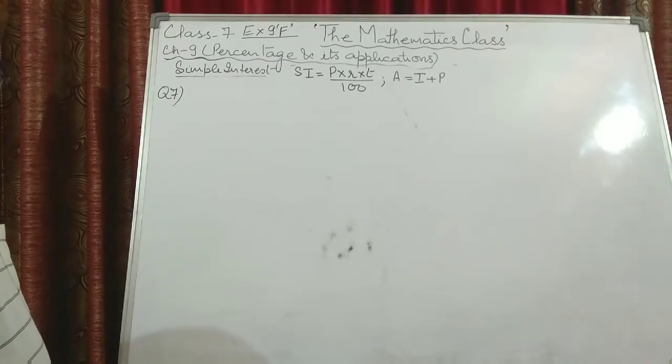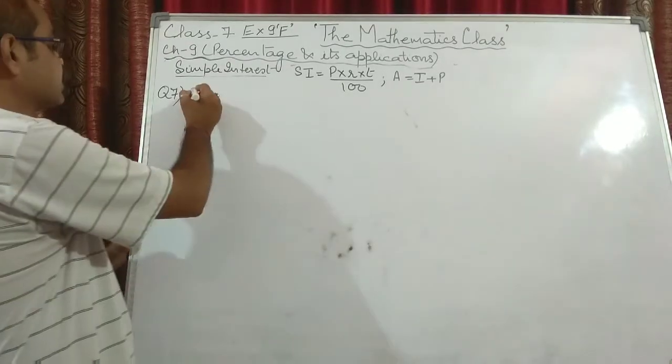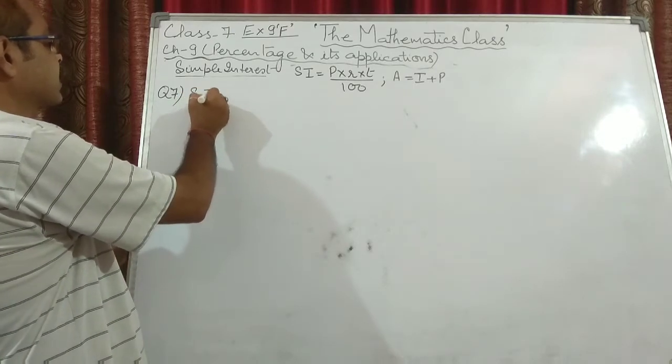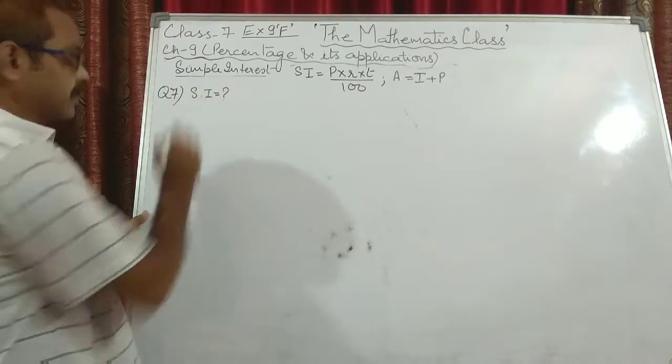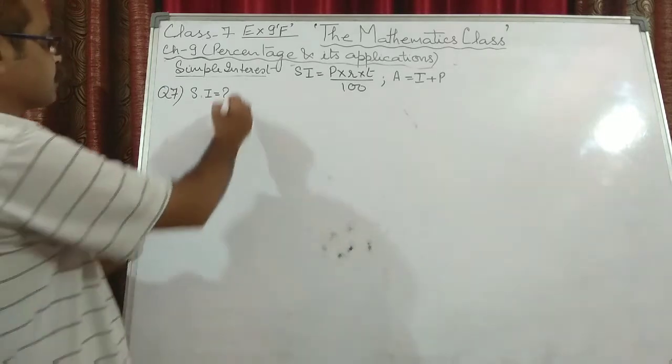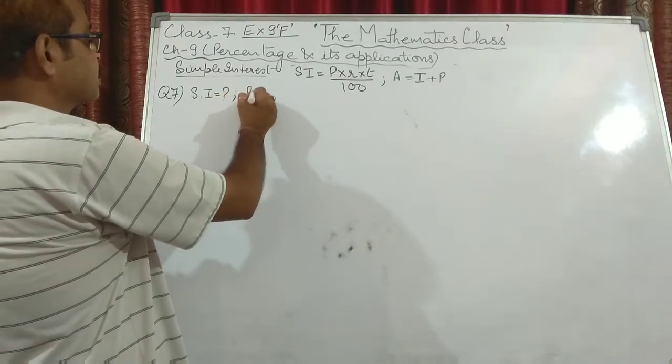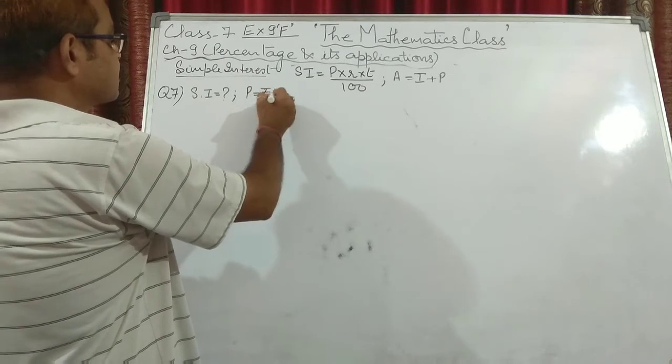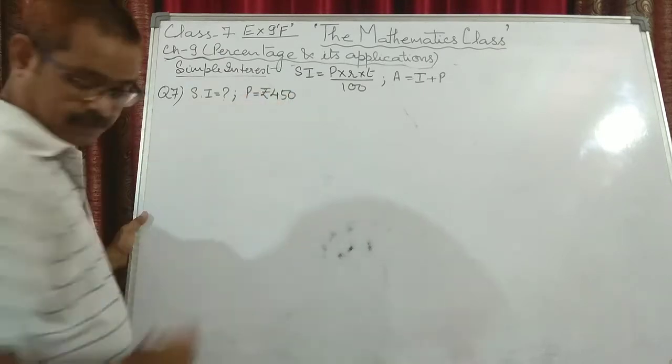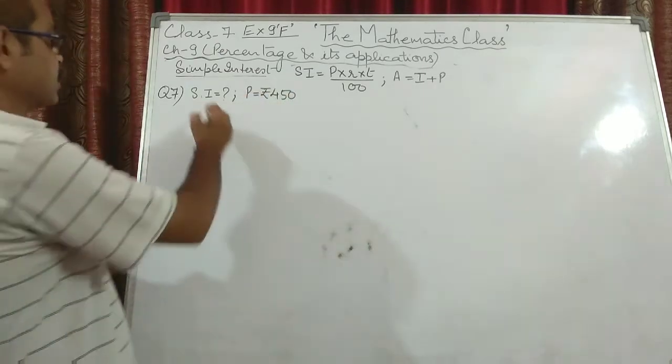Question number 7 we have taken, that is find the simple interest. We have to find the simple interest on rupees 450, it means principal is given rupees 450 at 6% per annum.